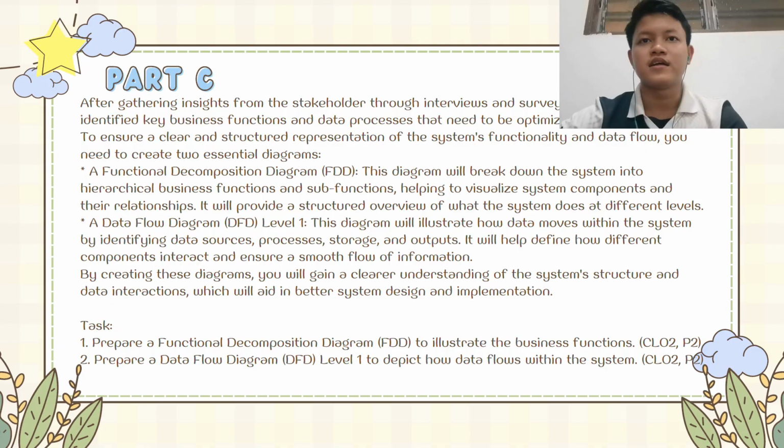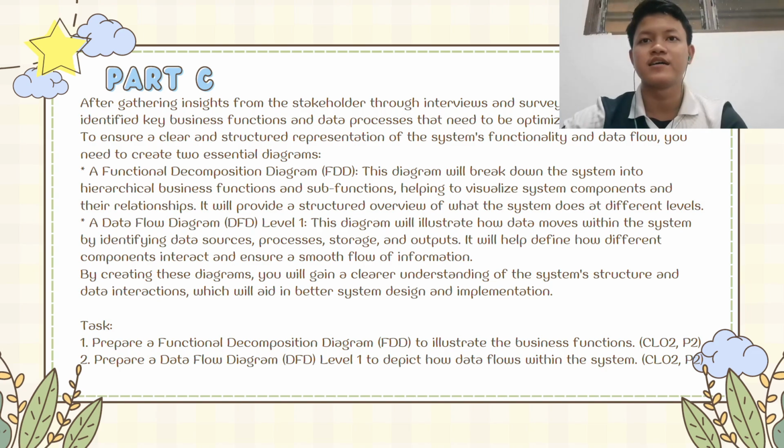Next, a data flow diagram (DFD) level 1. This diagram will illustrate how data moves within the system by identifying data sources, processes, storage, and outputs. It will help define how different components interact and ensure a smooth flow of information.